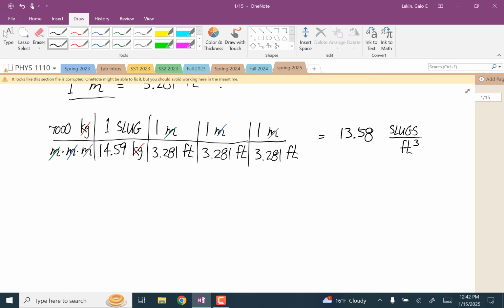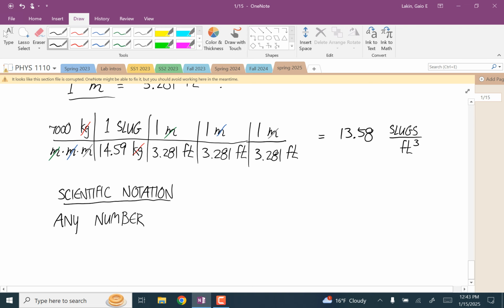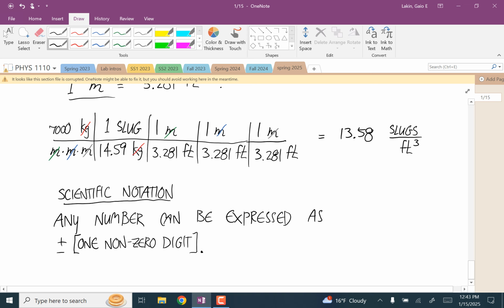The next thing we have to talk about is scientific notation. And the idea of scientific notation is that any number can be expressed as plus or minus one non-zero digit and then a decimal point and then a decimal, all times 10 to some integer power.